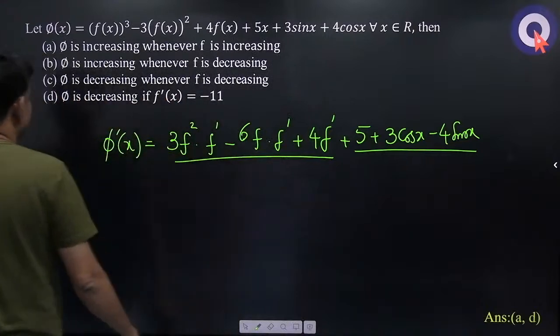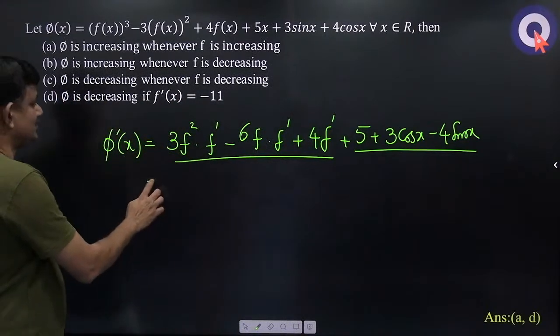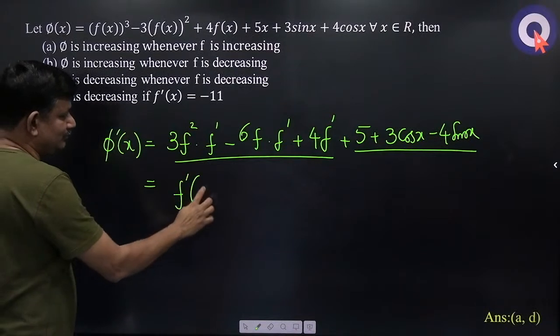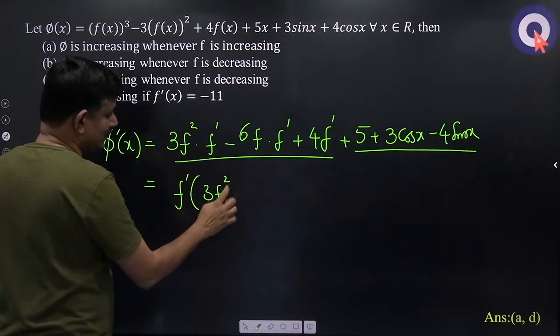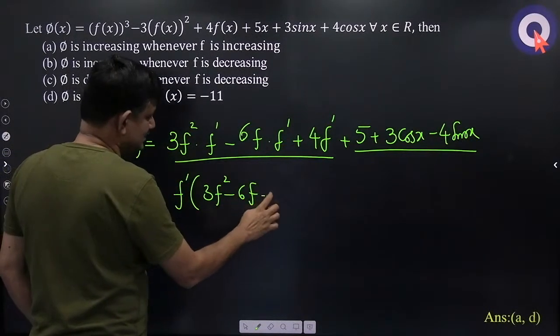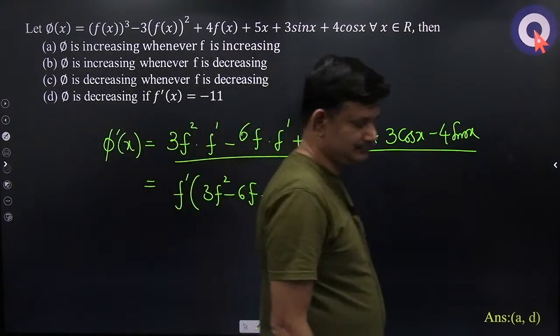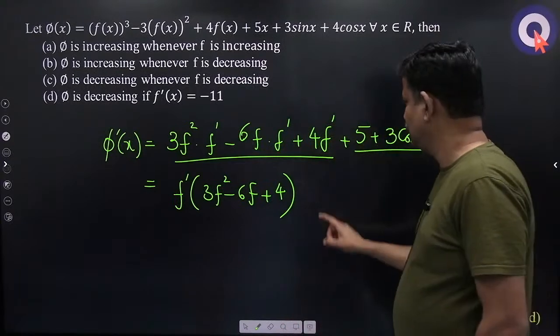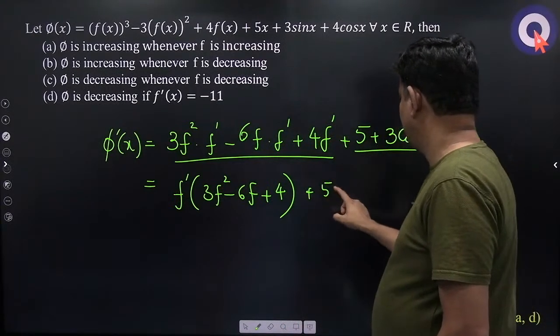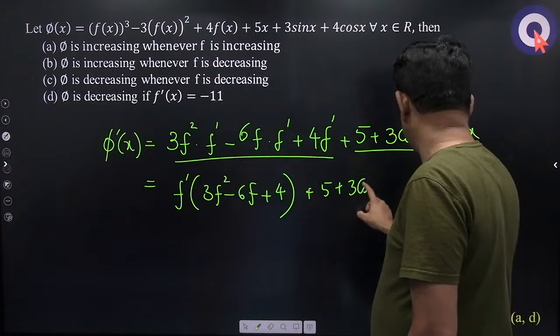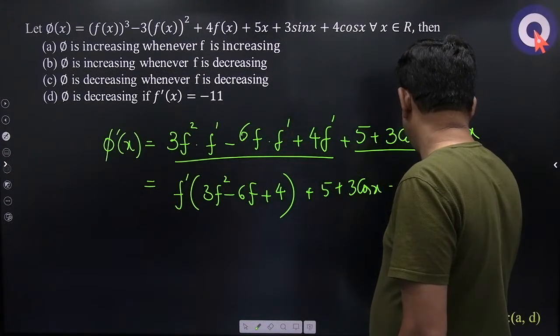This is the derivative, which is f dash into 3f square minus 6f plus 4, plus 5 plus 3 cos x minus 4 sin x.